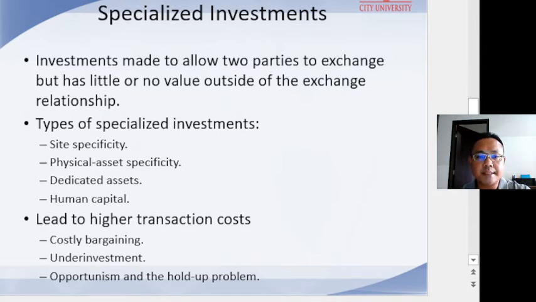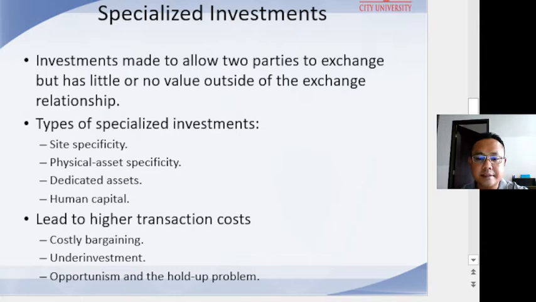So before we examine how specialized investment affects transaction cost and the optimal way of acquiring inputs, it is important to recognize that specialized investment occurs in many forms. As you can see here, there is site specificity.